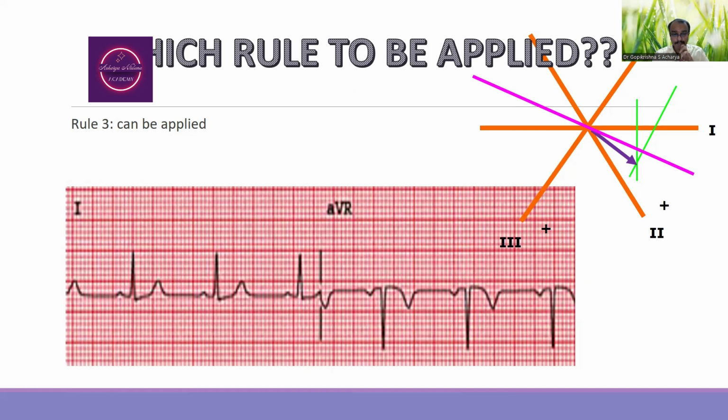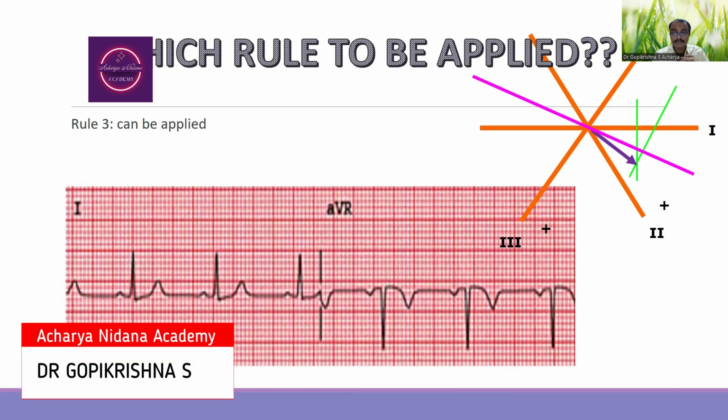In this particular example, only rule 3 can be applied. The reason is here we are having only lead 1 and aVR. The value of lead 1 is 5 plus 3, that is plus 8. And aVR is having the value 4 plus 5, 9 plus 11, that is minus 11.